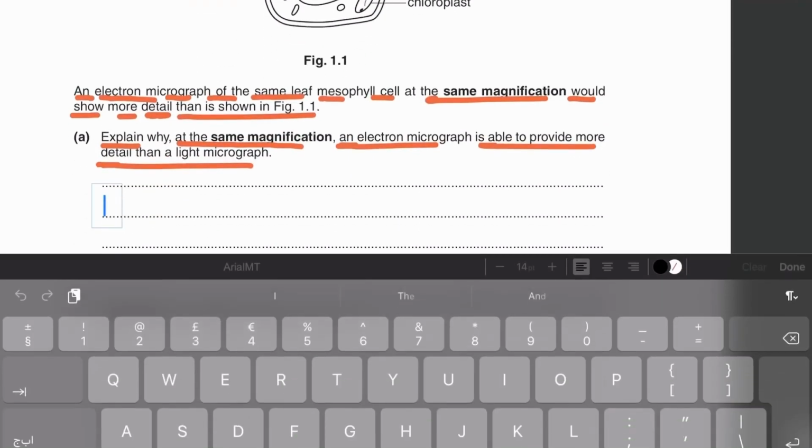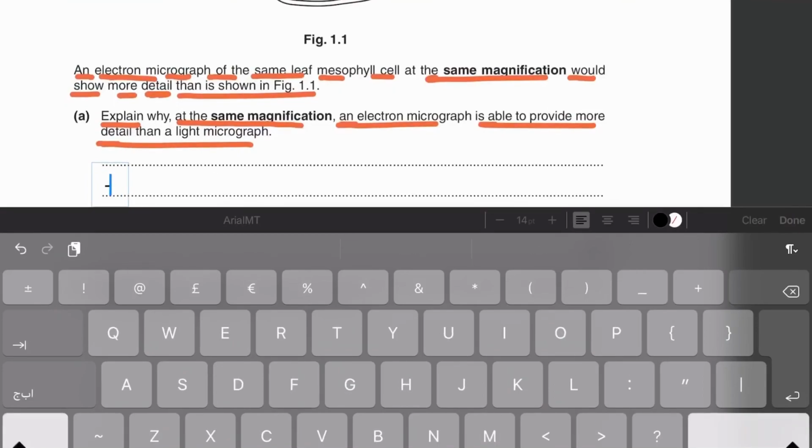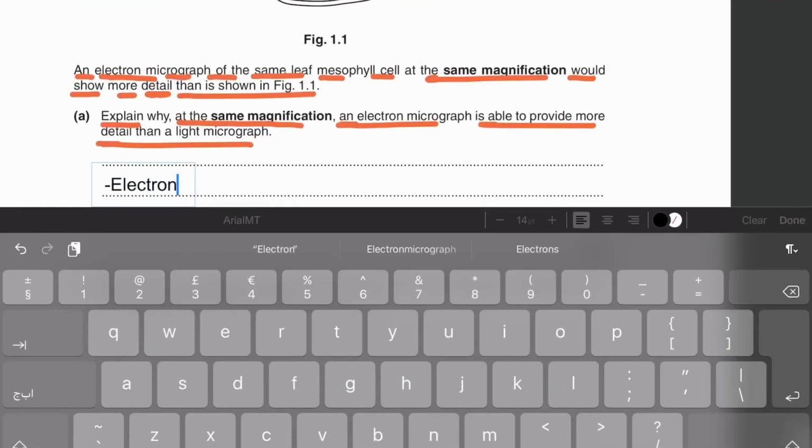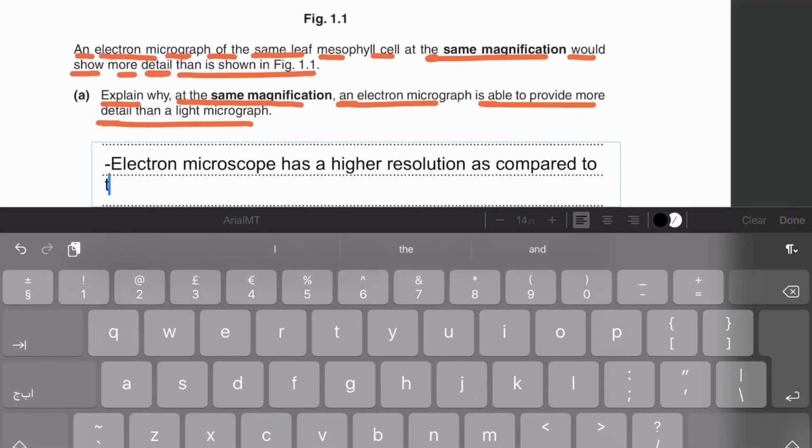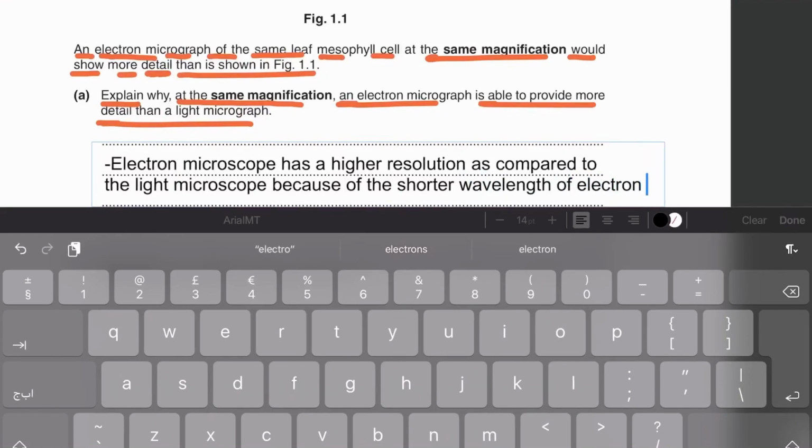So obviously we will write that the electron microscope has a higher resolution as compared to the light microscope because of the shorter wavelength of the electron beam, right?